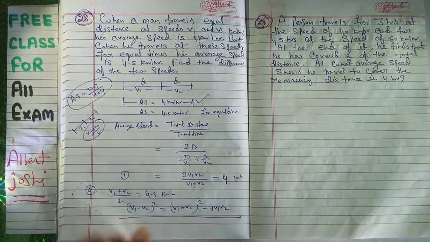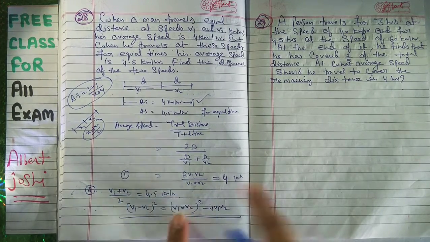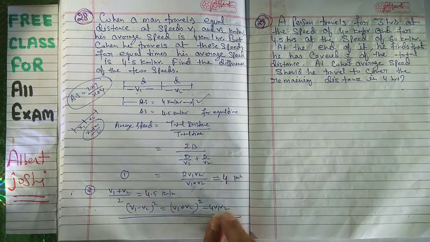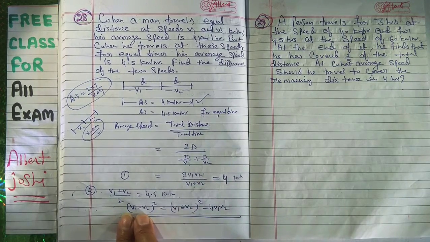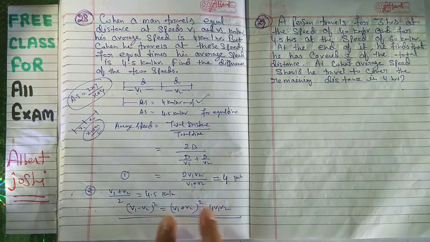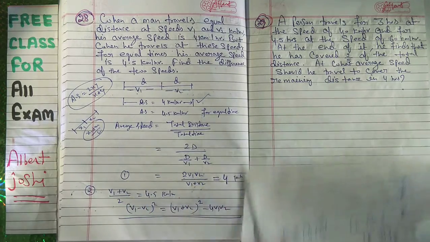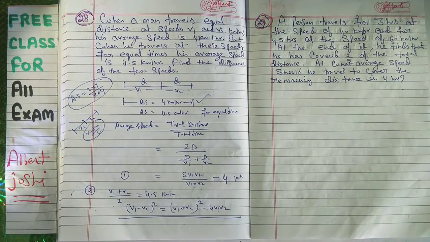Very simple. You can calculate v1 v2 from this, and v1 plus v2 you already know. Put in v1 v2 and you will get v1 minus v2. This is your task. At last you will get the answer.